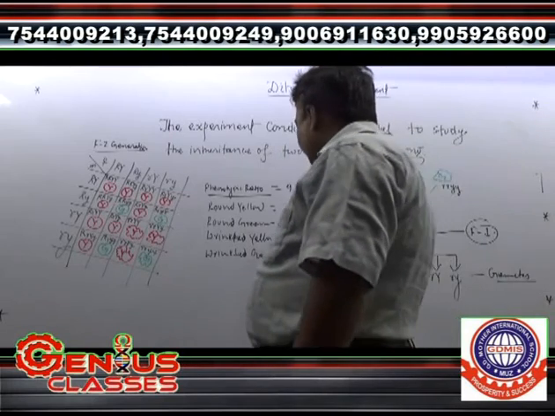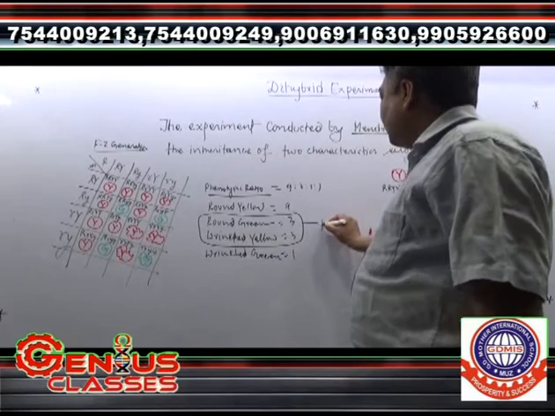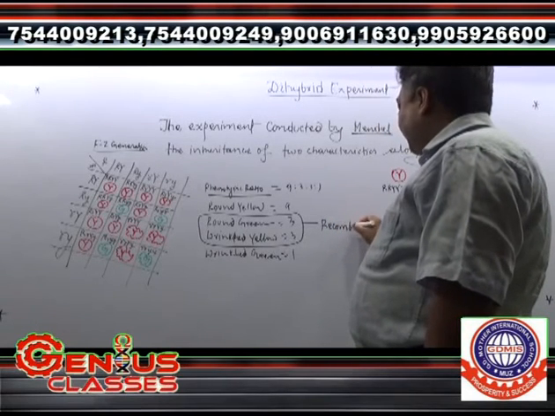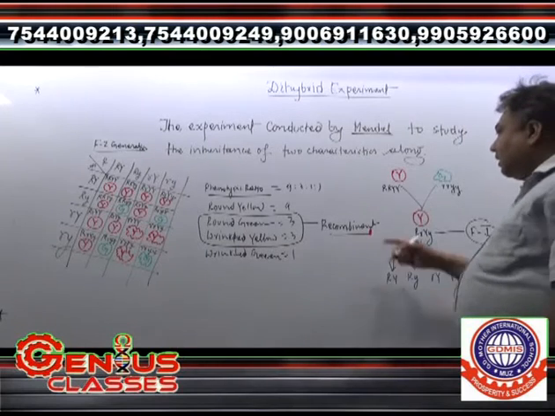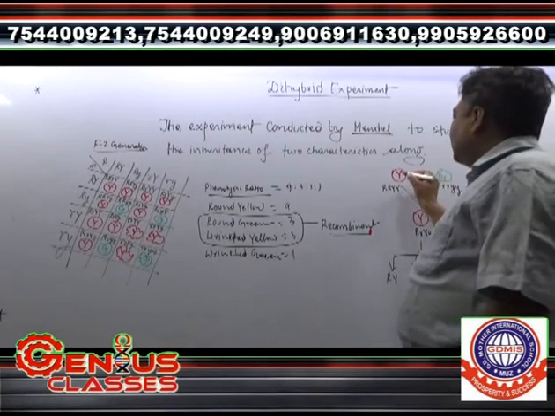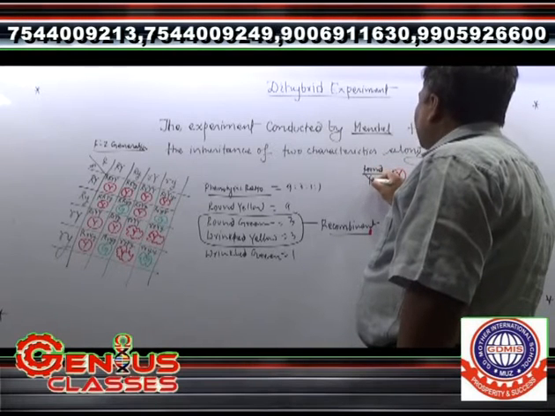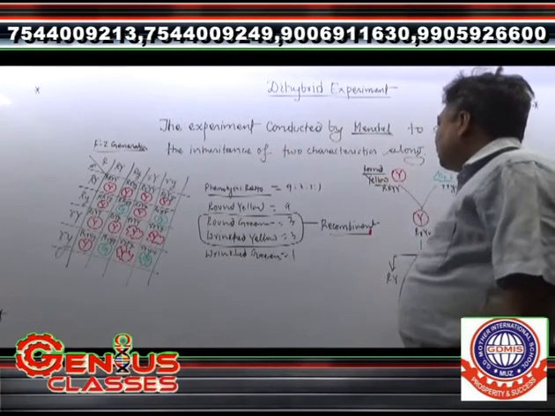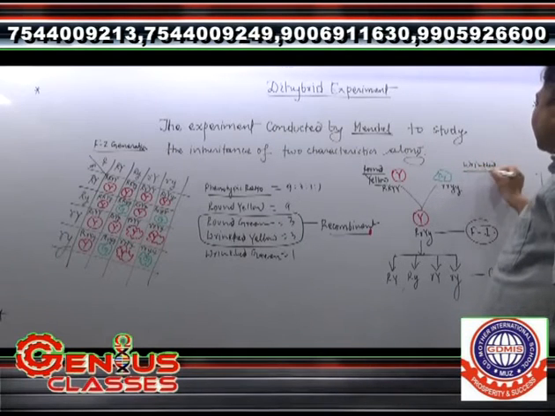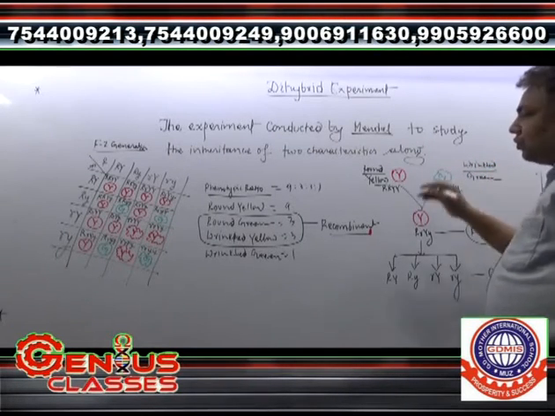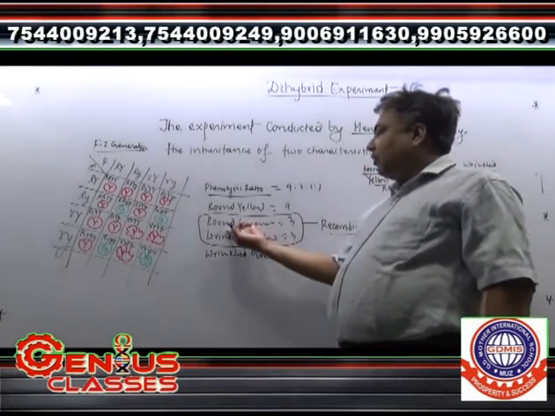These two are recombinant ones. The parental type was round and yellow, and wrinkled and green. So the parental has combination of round yellow, but here it is round green.